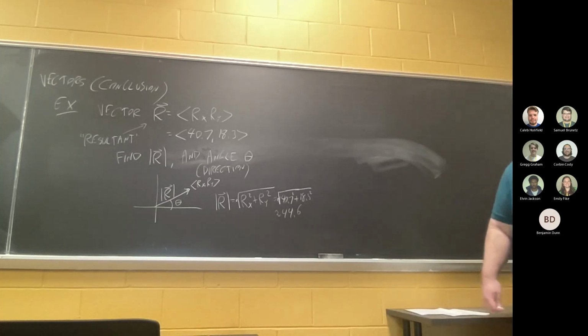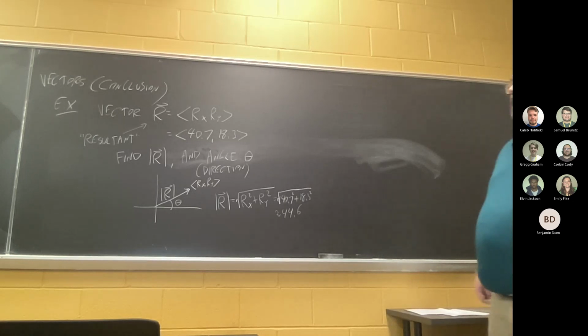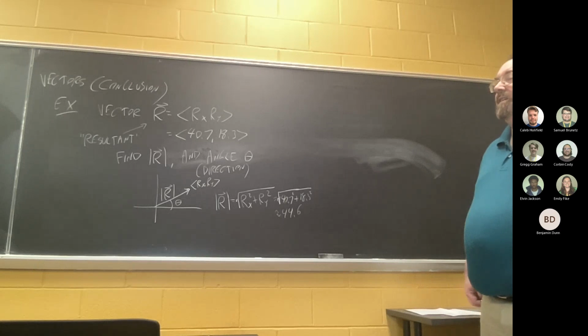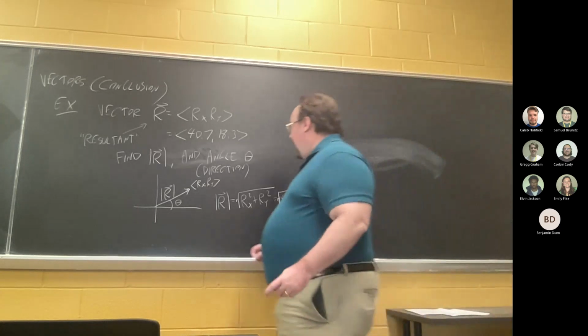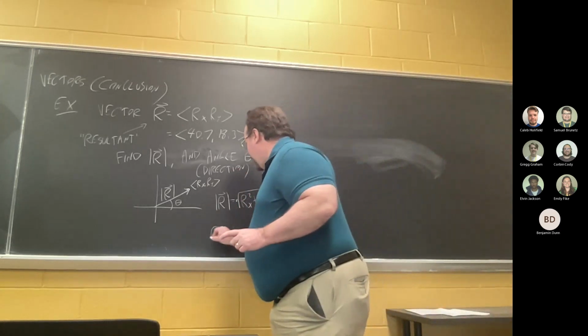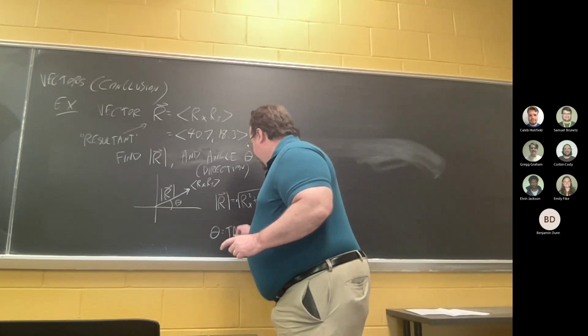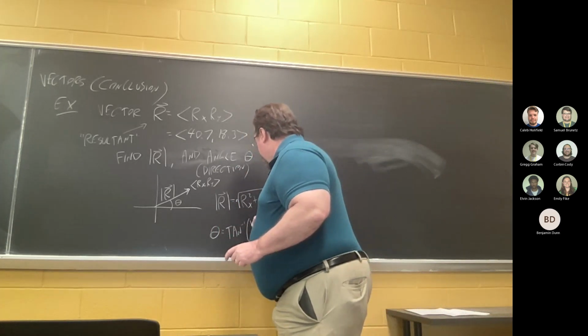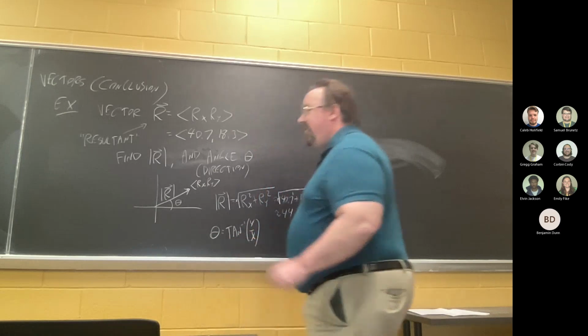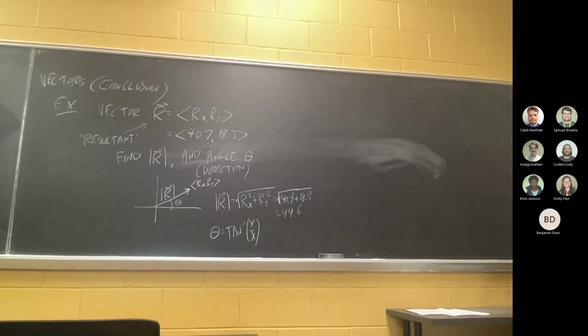Now, what about theta? What's the equation that came up last time? The equation for theta. Yeah, okay. It is arctangent of y over x, but how come that's correct in this case? It's not always correct.